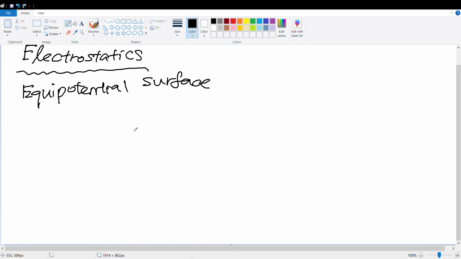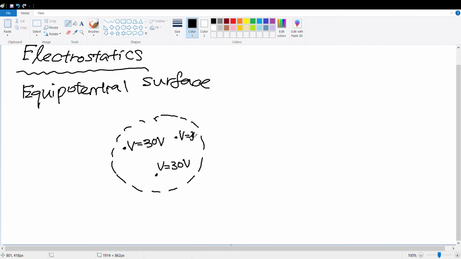As we know, on the equipotential surface, the electric potential at every point is the same. So this point is 30 volts, this point is 30 volts, and this point is 30 volts.